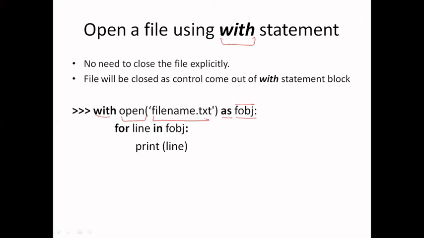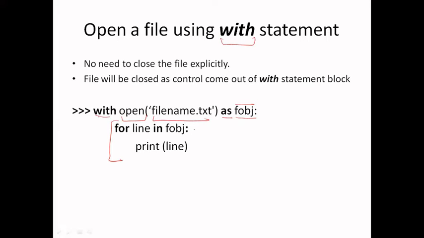After that, we put the colon, and after the colon we can write some statements, that means the read and write operations which we want to perform on the file. The advantage of the with method is that we don't need to close the file.